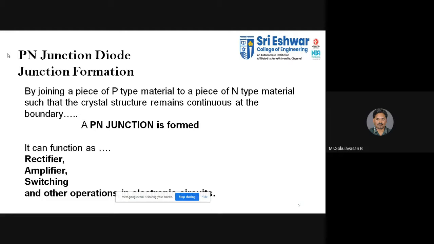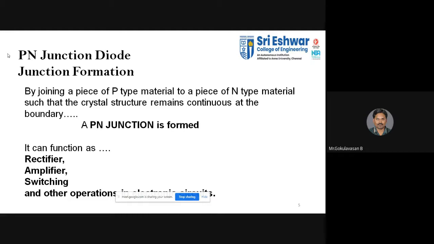Here, by joining a piece of p-type material to a piece of n-type material in such a way that their crystal structure remains unchanged, or I can say remains continuous, if I join these two, then I'll get a junction. PN junction is thus formed. Simply speaking, this is how a junction is formed.